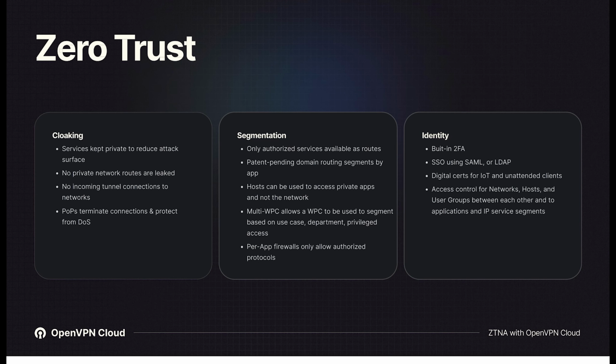One way to move towards implementing ZTNA is cloaking your private services. As you can see on the slides on the left side, by cloaking, we mean services are being kept private. This reduces attack surface. No private network routes are leaked. Obviously, when you cloak it, there are no incoming tunnel connections to the network.